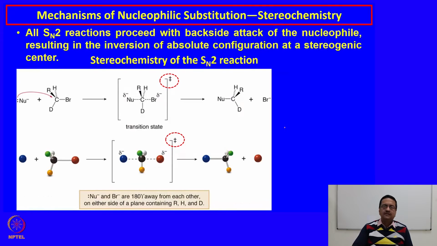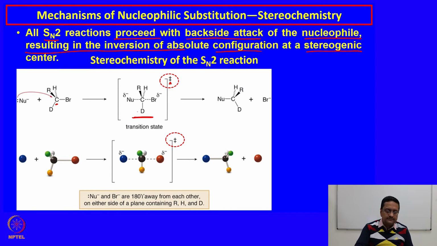Okay. By now, you must have seen that the SN2 reaction proceeds with a backside attack of the nucleophile, resulting in the inversion of absolute configuration at the stereogenic center. So, if you are doing a reaction with a chiral center, the nucleophile attacks from the backside, and you form a three-dimensional transient transition state species, which is identified by that hash sign.